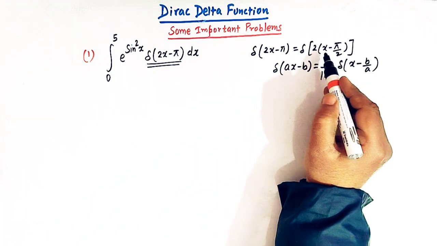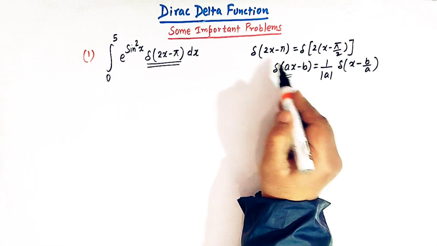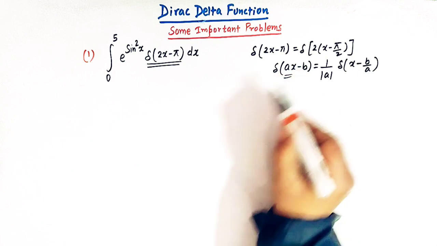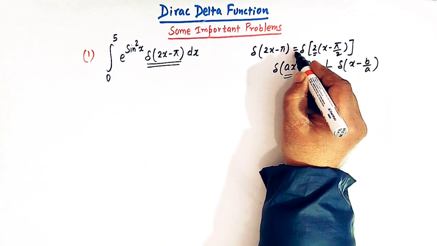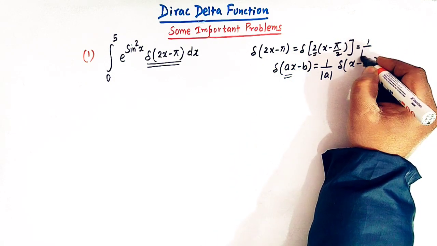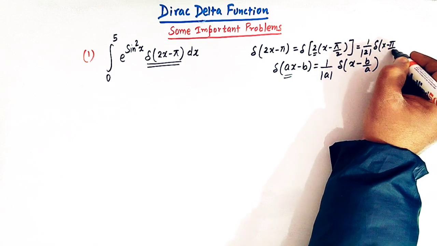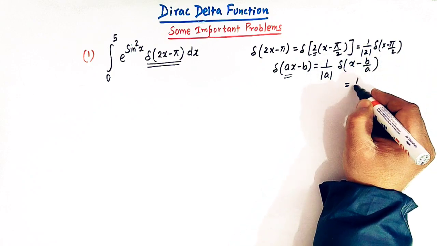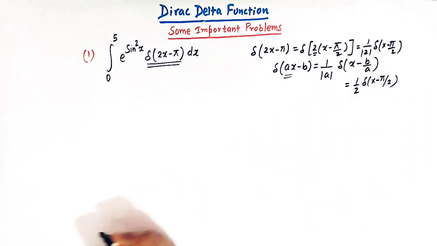Here we have delta of ax minus b, so the value of a is 2. So this expression is equal to 1 over the absolute value of 2 times delta of x minus pi by 2, which is simply 1 over 2 times delta of x minus pi by 2.